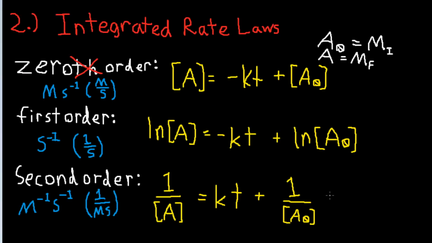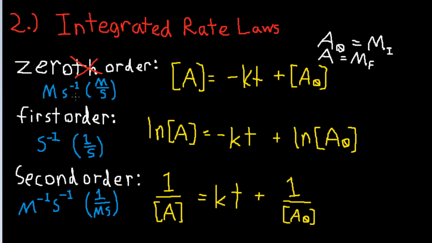So now that we're done with that, we can do integrated rate laws. For integrated rate laws, there are different equations for different types of problems, and there are different hallmarks of what type of equation you'll be using.